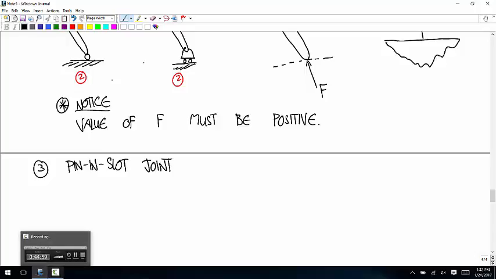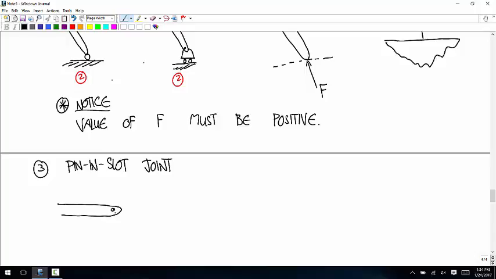So let me show you what that looks like. Okay, so this looks like you have one body there with a pin through it, and it connects to a second body with that pin sliding in the slot. I'll call this body 1, this body 2.